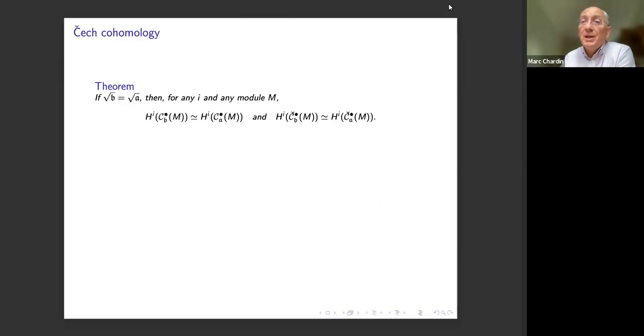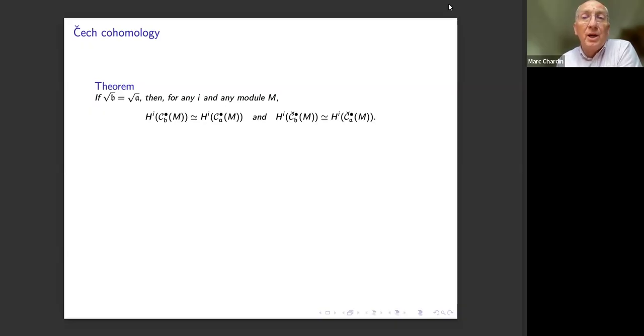Now let me recall some basic things about the local cohomology. And the first thing is that if you have 2 finitely generated ideals, then you get the same cohomology, I mean, with respect to A and B. So if radical of A is radical of B and A and B are finitely generated, then the ith cohomology of these 2 complexes are isomorphic.